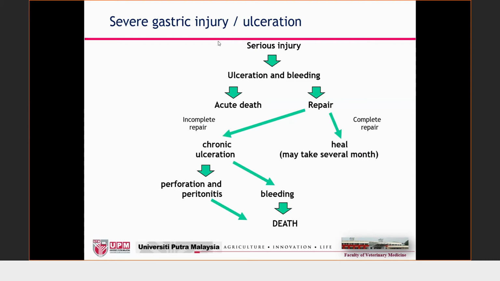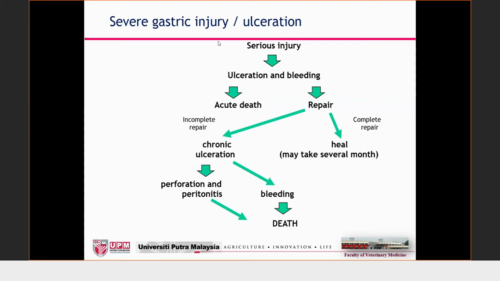And when animals have very severe ulceration and bleeding, even without perforation, they may have acute death.